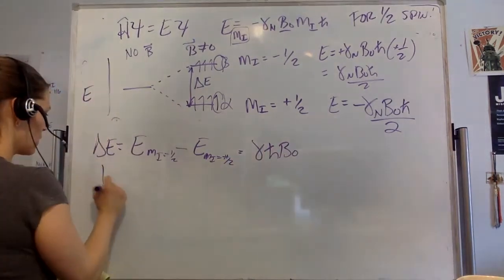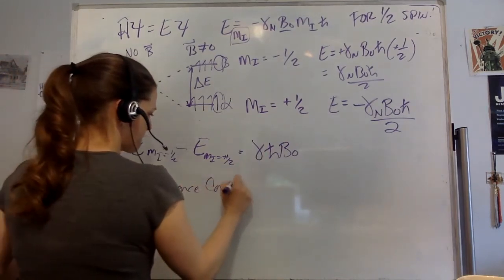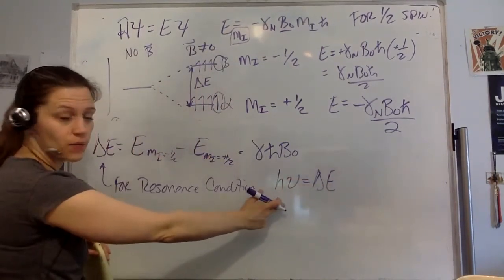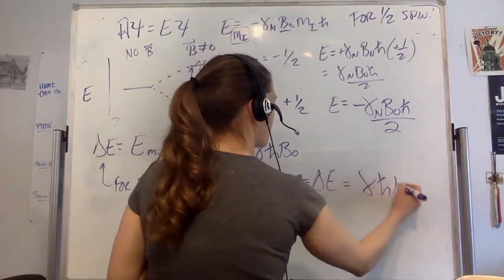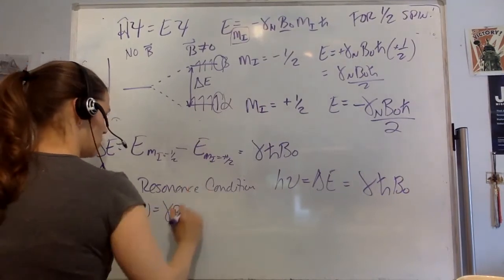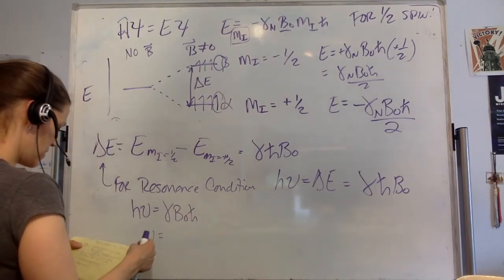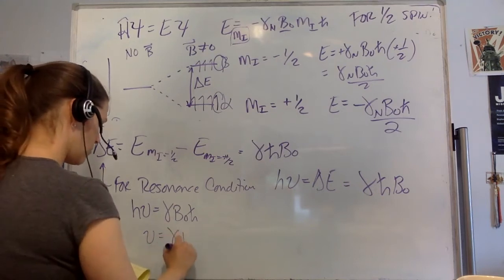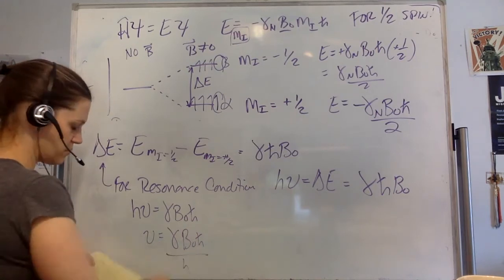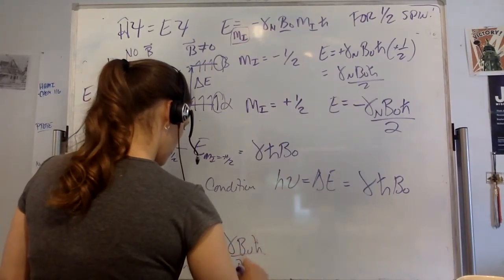So for what we call the resonance condition, I have an incident photon coming in, h nu, that's going to be equal to gamma H bar B0, such that if I then solve for what the frequency is going to be, I get gamma B0 H bar over h, which is nice because then my h's can cancel. Oops. h over 2 pi. So the frequency is gamma B0 over 2 pi.